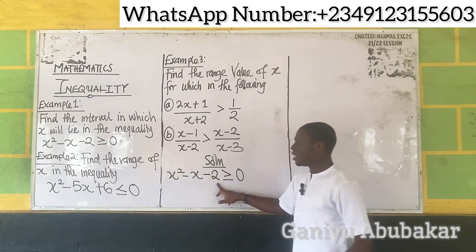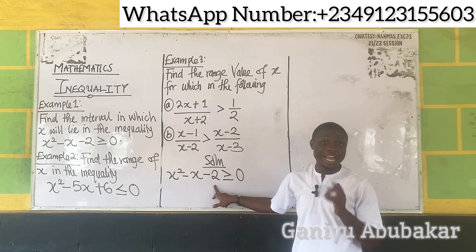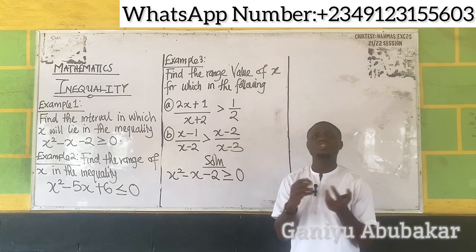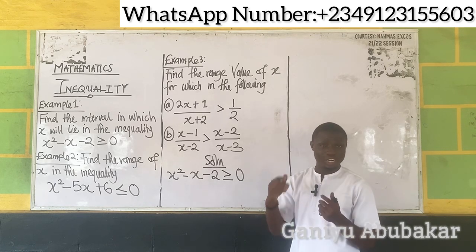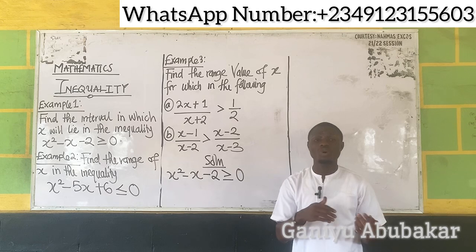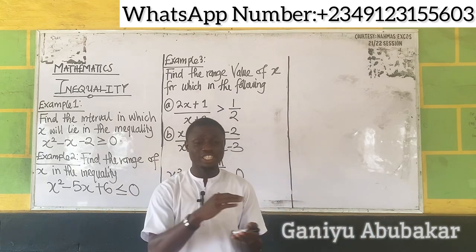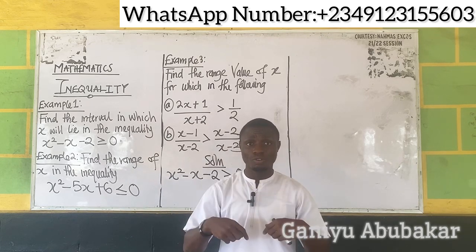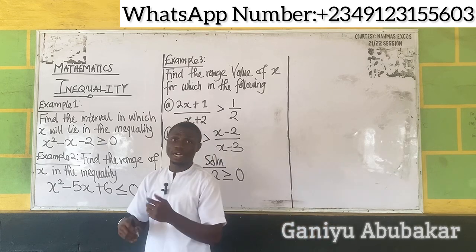This is a quadratic equation, which means I expect to have two answers. Can you recall how to solve problems under quadratic equation? If not, I'll drop a link to the introduction to quadratic equation in the description. I've done a class on that, so check the description.